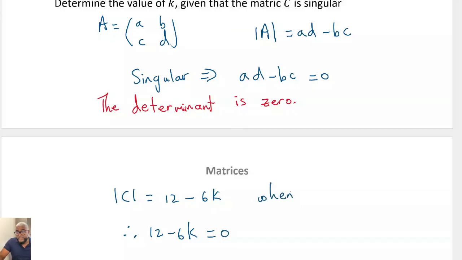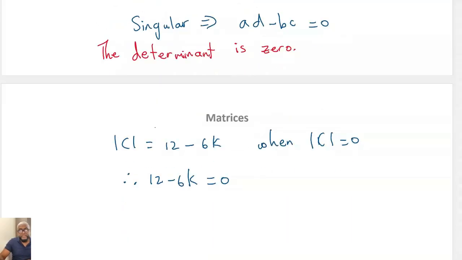So I can even write here when the determinant of C is equal to 0 because it is singular, right? So what I'm doing here, what I'm moving here first? I can move the 6K because it's negative, let me move it here to become positive, right? So 12 is equal to 0 plus 6K, right?